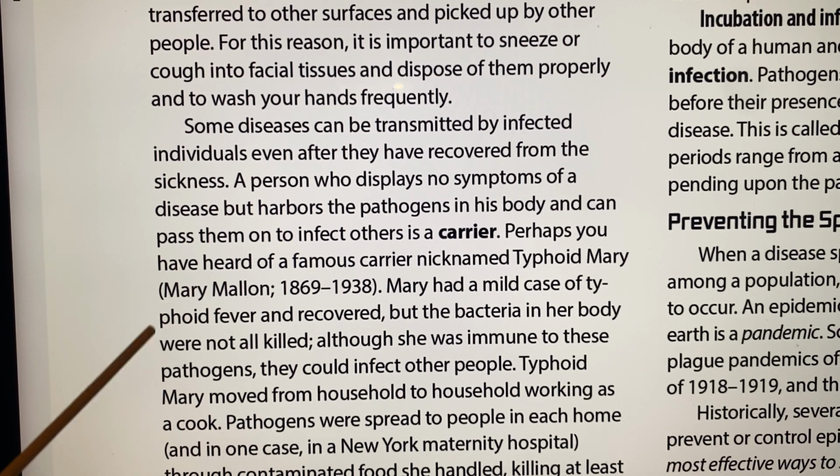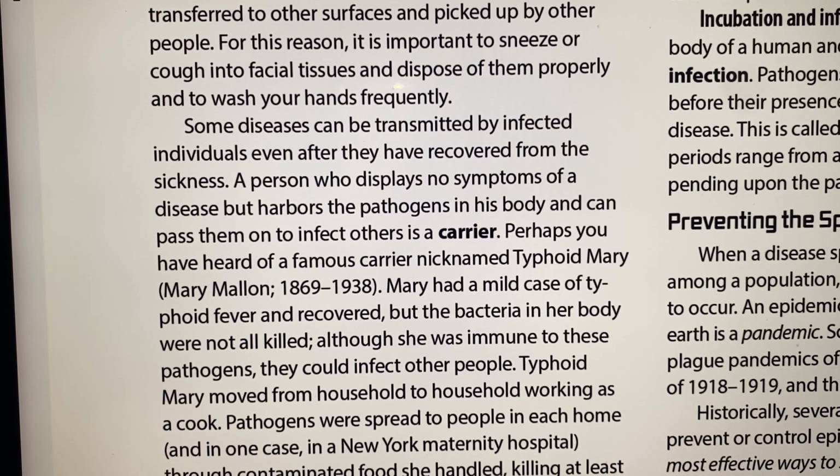Her name was Typhoid Mary Mallon, who lived from 1869 to 1938. What was it about Typhoid Mary? She didn't have any symptoms and she had typhoid. She was immune to it. She wasn't sick, but she could infect others. So she moved around from household to household as a cook. She was people's cook, so she'd handle the food, and the people in the houses would get sick.